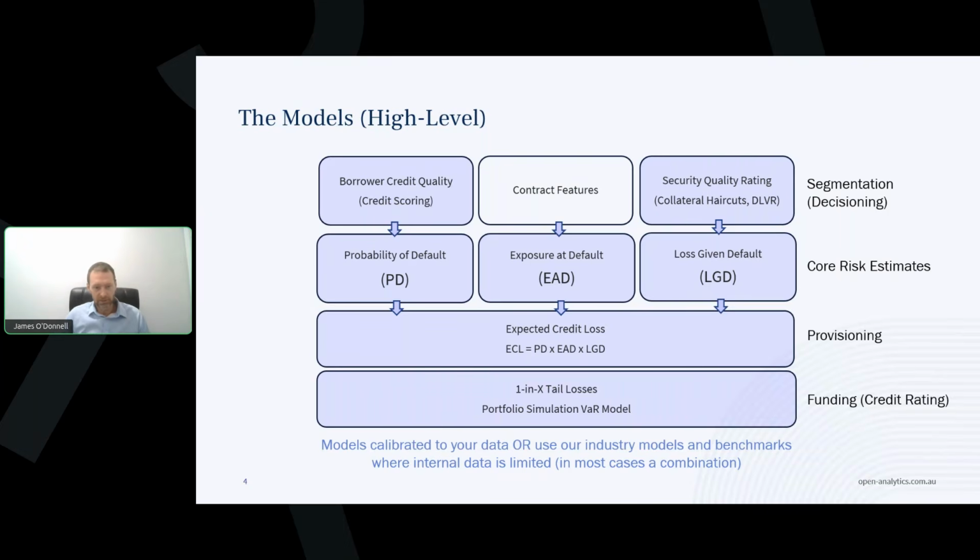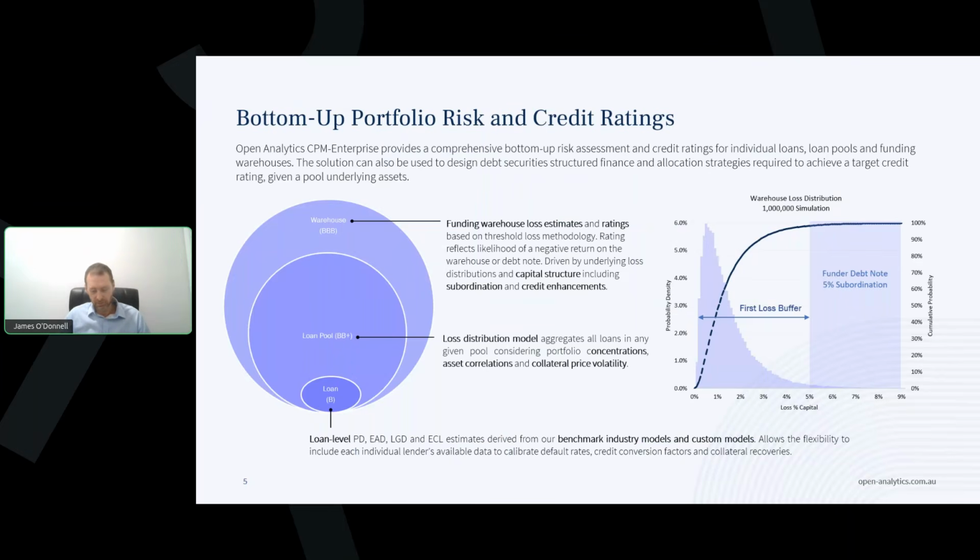Last slide before I jump into the demo, and probably just a good conceptual model, a way to think about this solution. Think of it as a bottom up look at risk. If you look at that Venn diagram on the left, we're starting at the individual loan level, looking at those loan level estimates of risk. Then we're aggregating that into pools, whether that's your whole book or a funding warehouse, and looking at the distribution of losses.